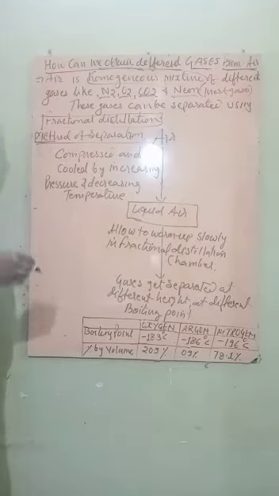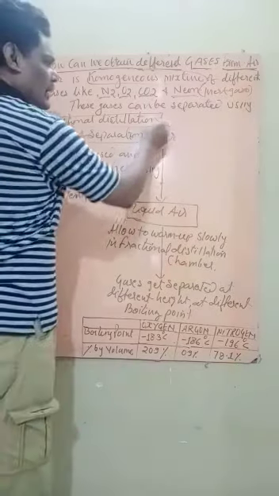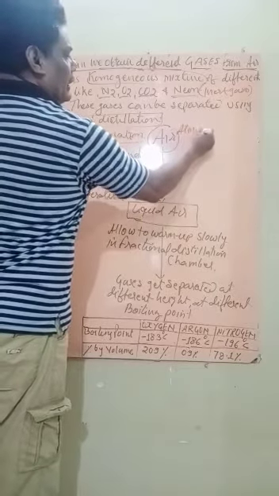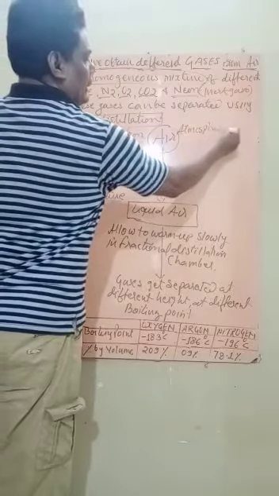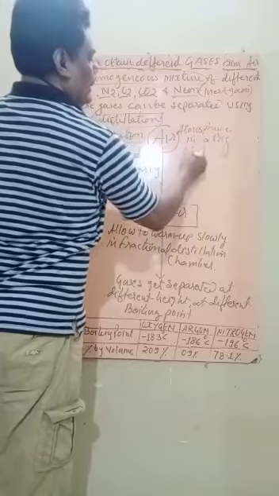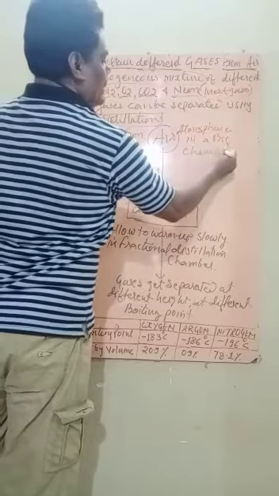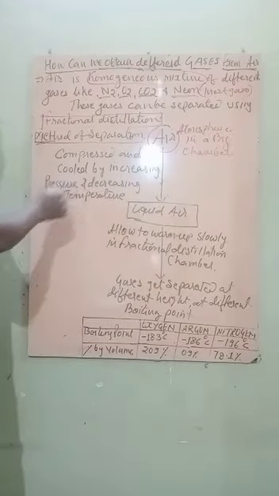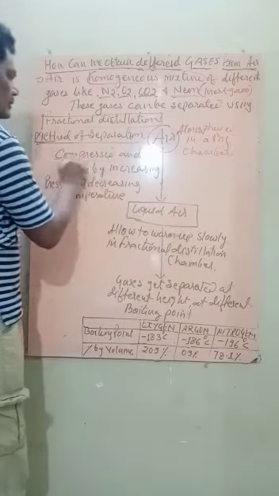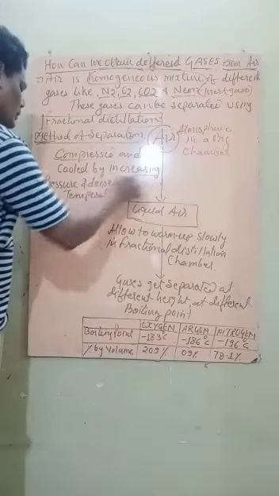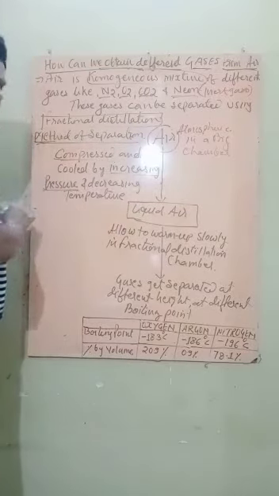The method is that, very first, we will collect normal atmospheric air in a very big chamber, and in this big chamber we will compress this air by applying very high pressure.